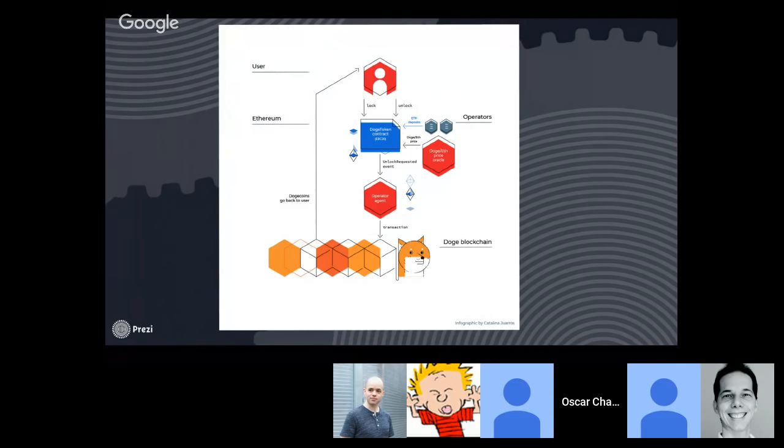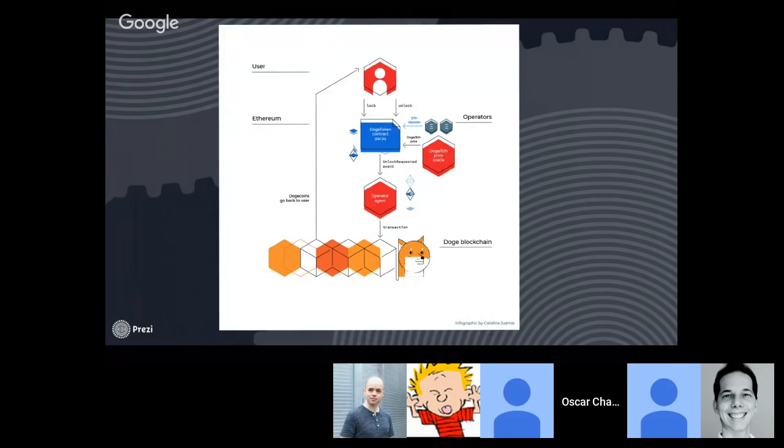So if the operator misbehaves in any way, stealing the Doges or not returning Doges to the user when she should, the operator will be penalized by confiscating her Ether deposit.